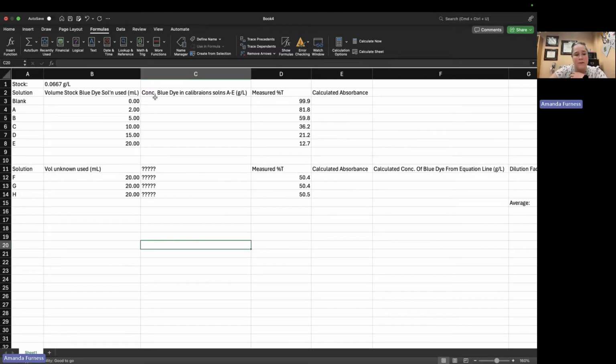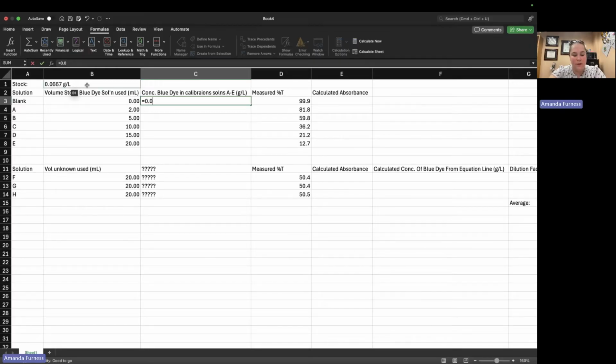For this column, I'll type in equals, and M1 would be my stock concentration. M1 is this cell right here, but to avoid any issue with Excel, I'm just going to type in the actual value.